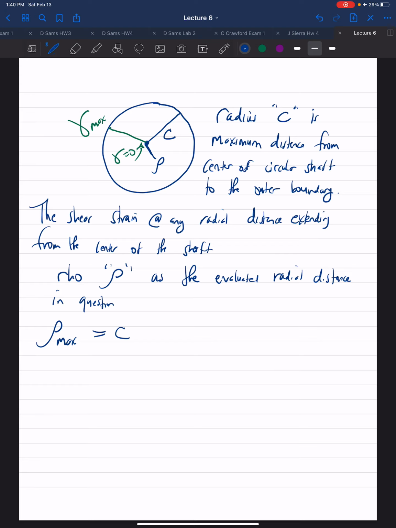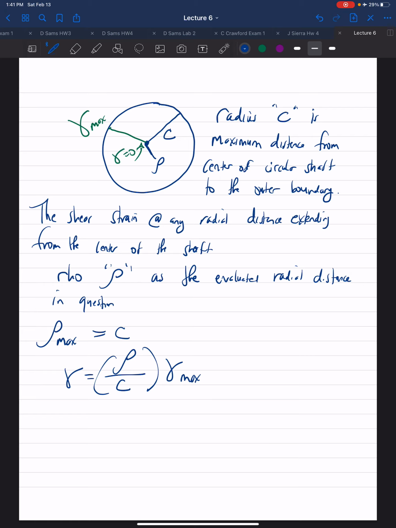So the shear strain is caused by the external torque. We can define that as: your shear strain is the ratio of your radial distance in question over the radius, which is maximum rho, C, so rho over C times your maximum shear strain.